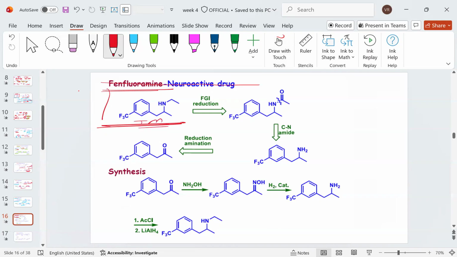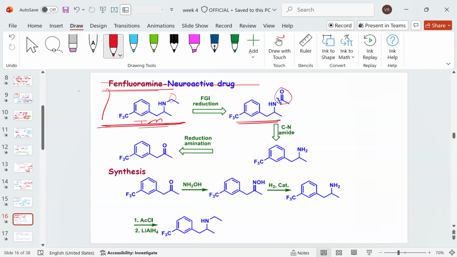Now, if you want to do the retrosynthesis of this molecule, how can we achieve the synthesis? Basically, this target molecule can be synthesized from this molecule, which has a carbonyl group.